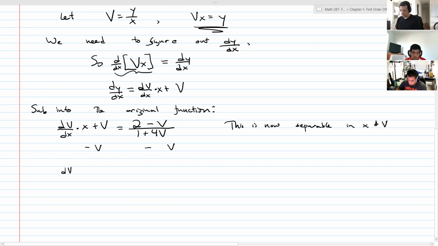Then that gives me dv/dx times x equals (2 minus v) over (1 plus 4v) minus v times (1 plus 4v) over (1 plus 4v). We just have to find a common denominator there.